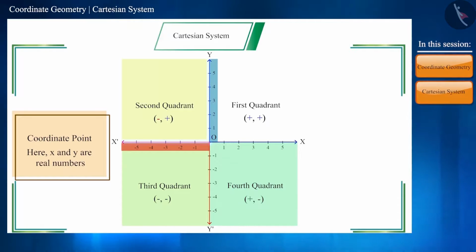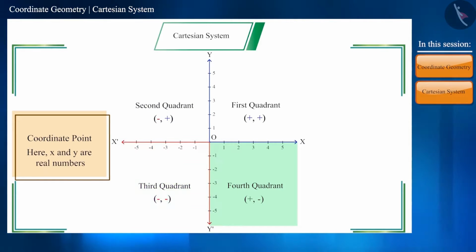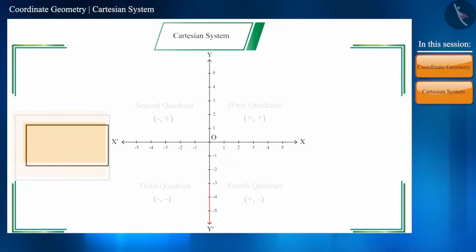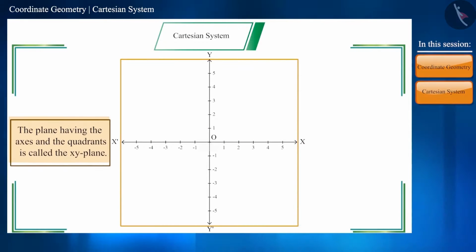Similarly, the signs of each quadrant depend upon the positive and negative x and y-axes of that quadrant. That is why these axes are called coordinate axes. And the plane in which these axes and quadrants are is called the XY plane.